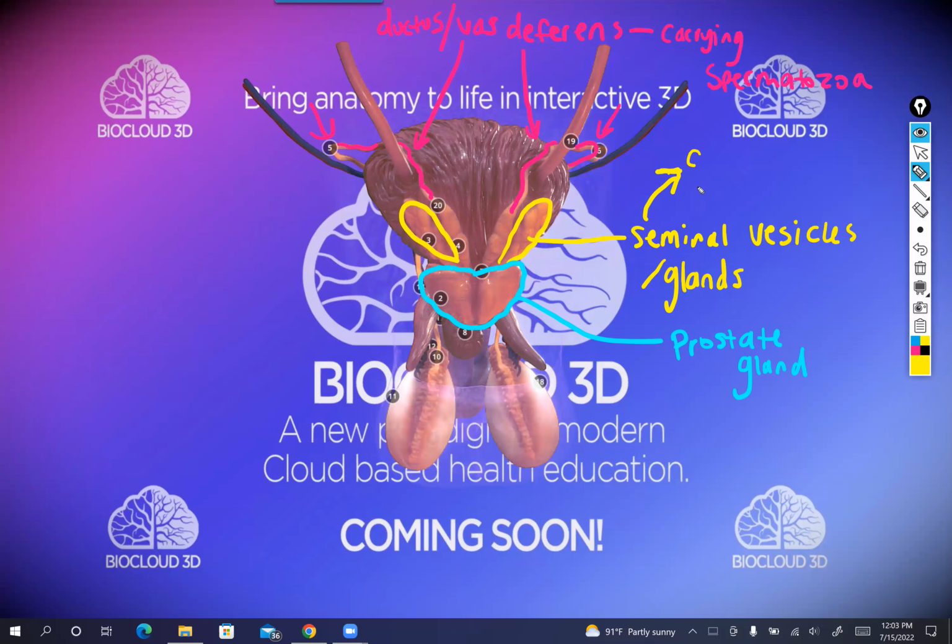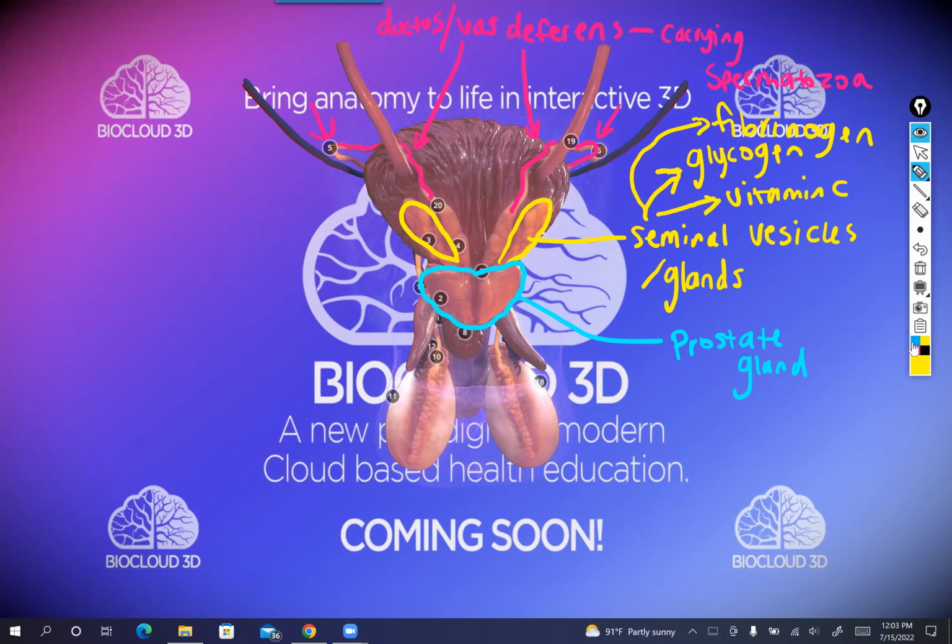So there is glycogen, there is vitamin C, there is fibrinogen. There's all kinds of stuff in there. So fuel, antioxidants, a clotting agent, and I'll explain why the semen would need to clot at all in a little bit. If you're surprised by that, don't be, it has a purpose.